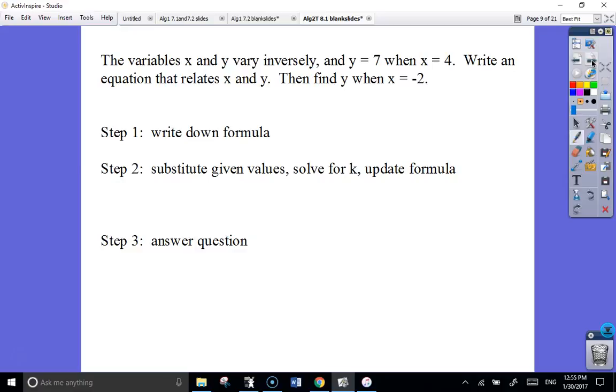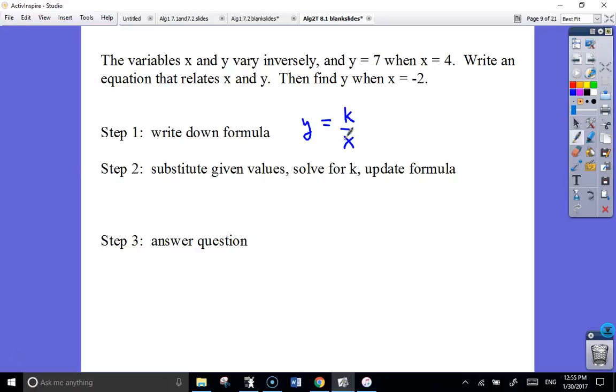Then you've got to write it down. Right away at the very beginning, x and y vary inversely. Write it down: y equals k over x. We know that that's what it means. Y equals 7 when x equals 4.